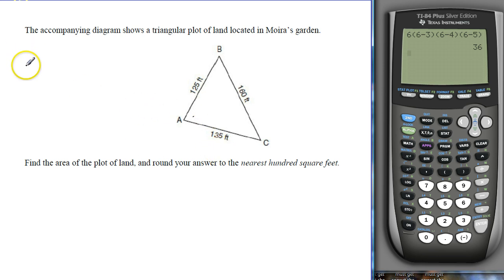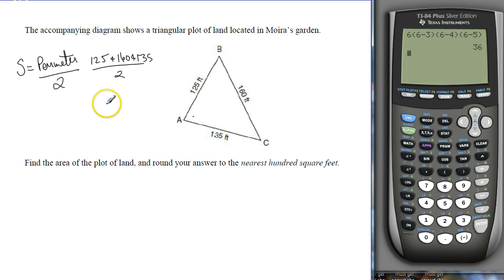All right, so one thing you have to physically calculate first. That's the S, which is called the semi-perimeter, right? So the perimeter over 2. So you got to add up these 3 sides: 125, 160, 135, and divide it by 2.